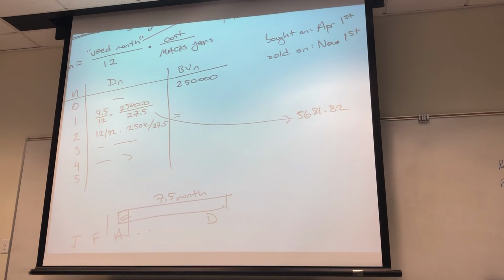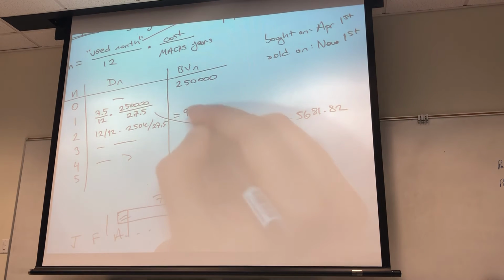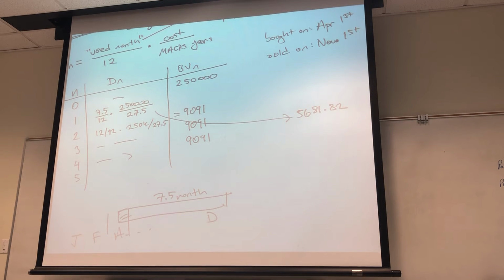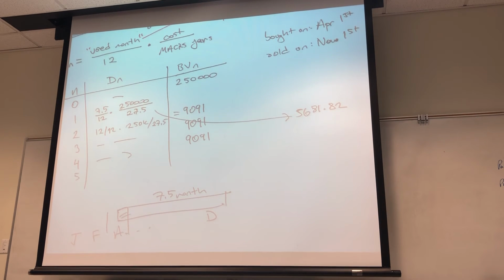So January to November. November is the 11th month. Yeah. So we use it for half a month. We do 11.5 divided by 12 times this 27.5. If you want to save time, just multiply 9,091 with other stuff. That should give you the same thing.